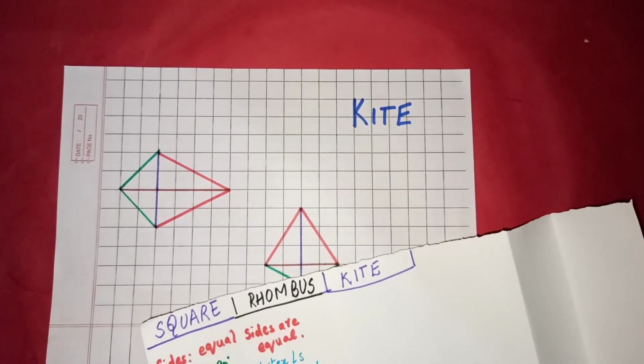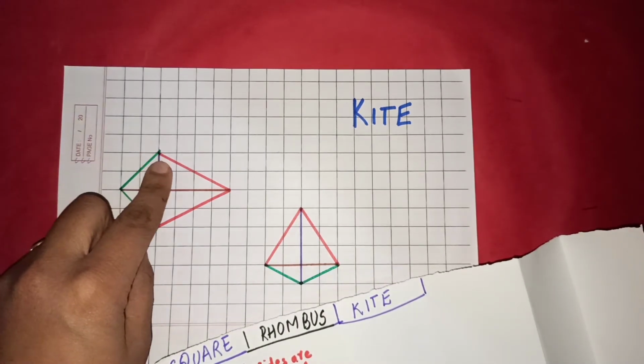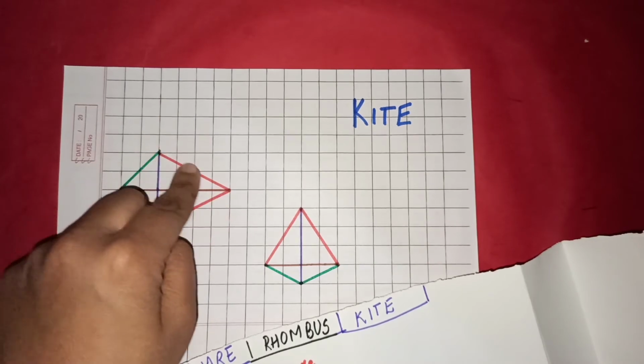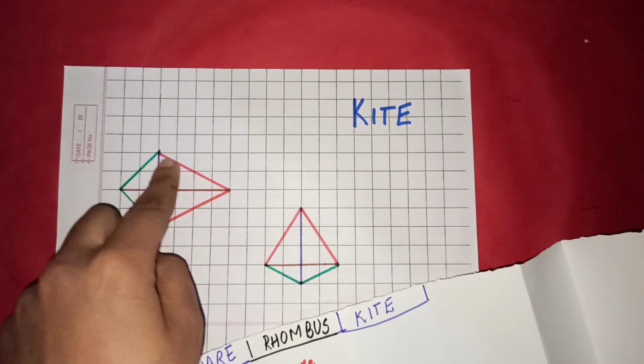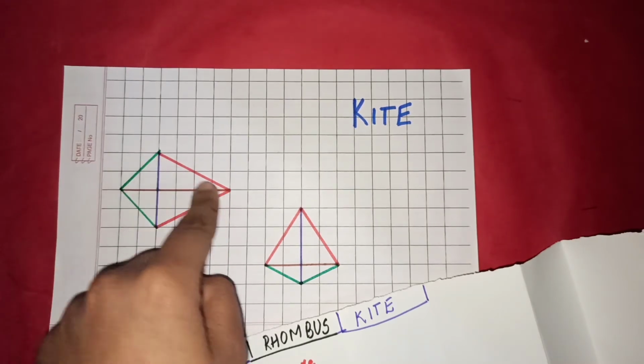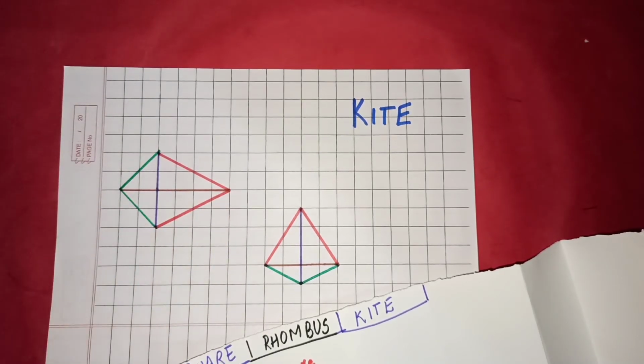What do we know about the sides? Now, you will say, ma'am, these red ones are equal and the green ones are equal. How are we going to tell people that a kite has these two sides equal and these two sides equal?